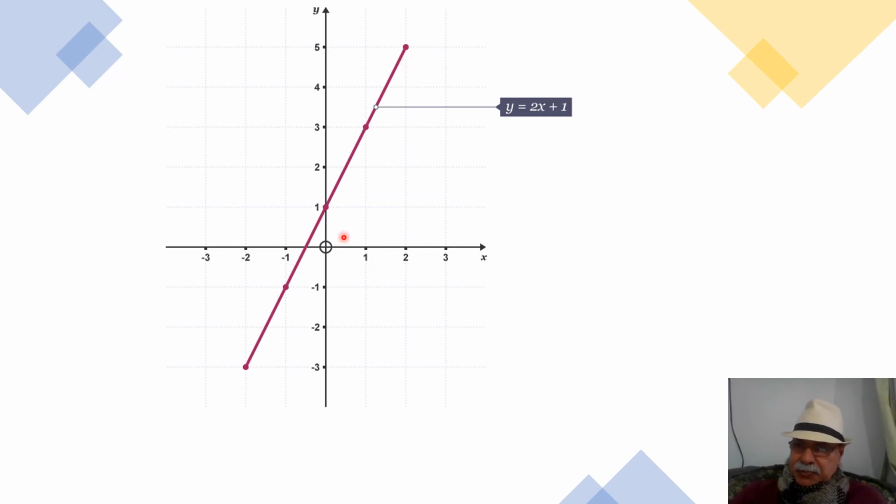The last one, this point is minus 3. When I plot the points in the grid, I put the line through them.